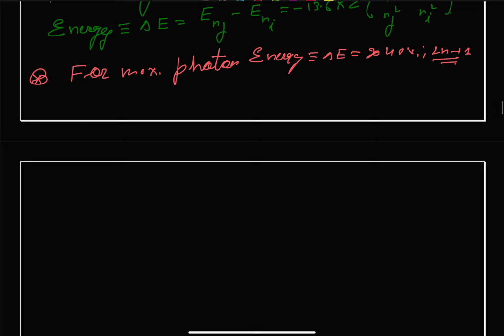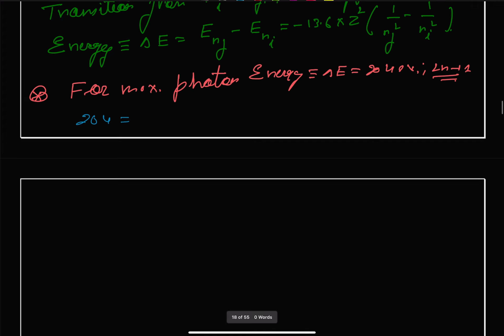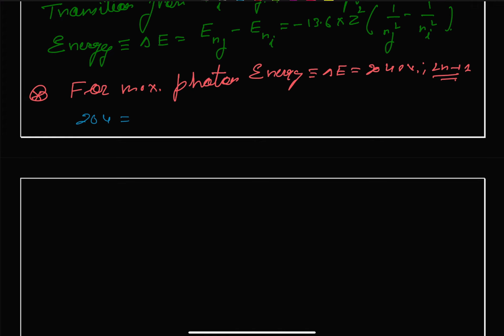Therefore, we can write that 204 will be equal to 13.6 Z square, and we have 1 minus 1 upon 4n square.